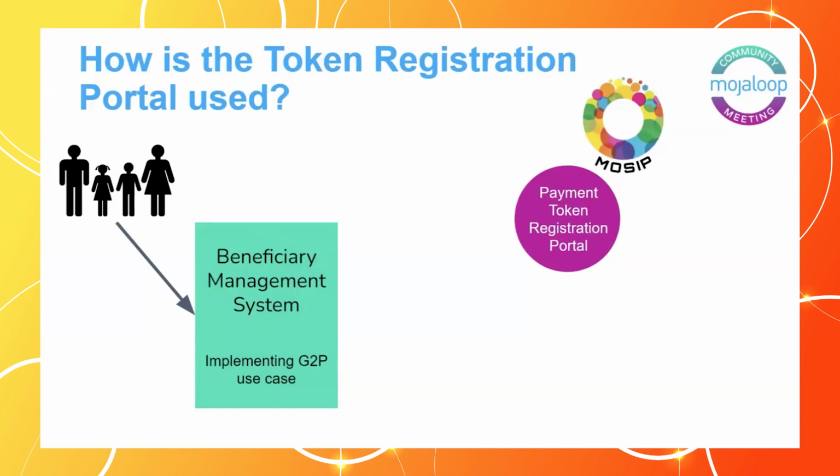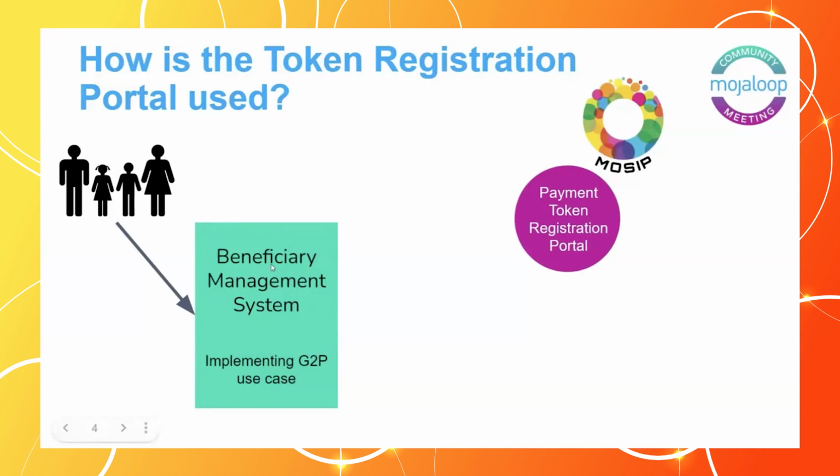And in the due diligence process, at some point, the beneficiary management system is going to want to work out how to pay that person. And that's where the payment registration portal comes in. So we didn't build a beneficiary management system. We just mocked that up. We know that other people have done a really good job there, but we want to show how their system can use the payment token registration.